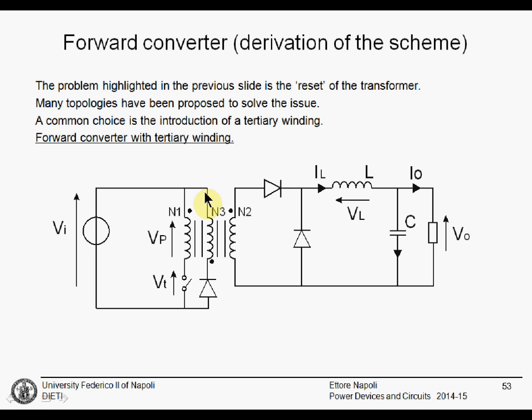The resulting circuit, that is the forward converter with tertiary winding, or the forward converter for brevity, is this one. We still have the output LC tank and the load, the freewheeling diode, the diode needed to decouple the secondary side from the load, the primary winding activated by the switch, and this further winding with N3 turns that is connected to a diode that will work during the off phase to discharge the magnetizing inductance into the power supply.